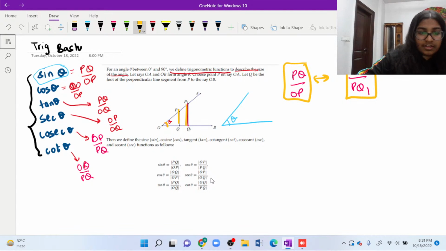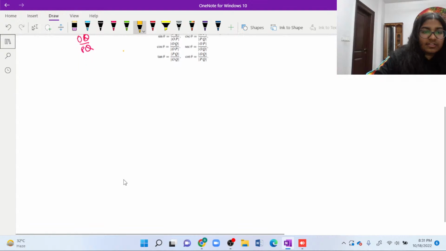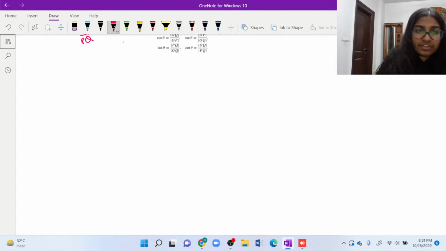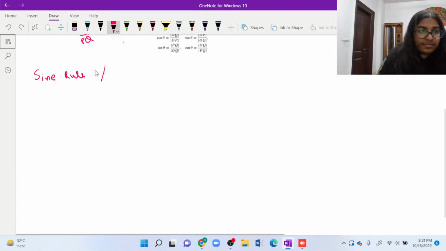And so that's about the basics of trigonometry and the ratios. So there's a rule called the sine rule. It's also called the sine law.